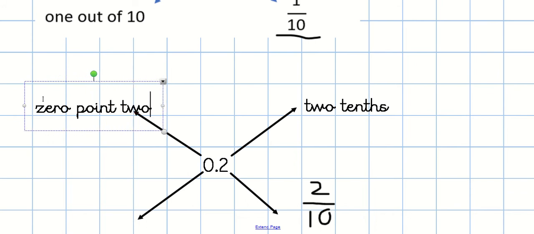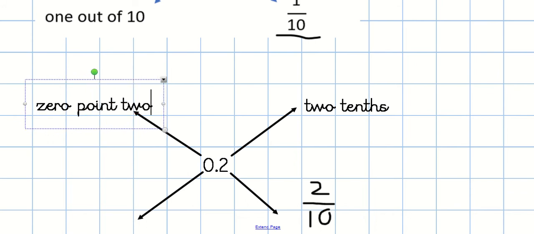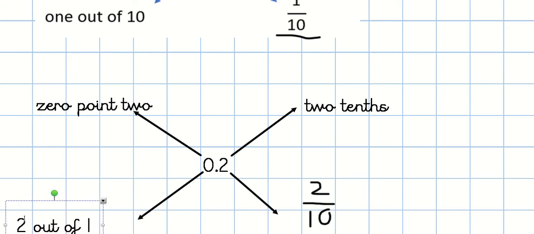Can anyone remember the last one we wrote it down as? We said it would be 2 out of, or 2 parts out of 10. So we can do the same for all the decimals.